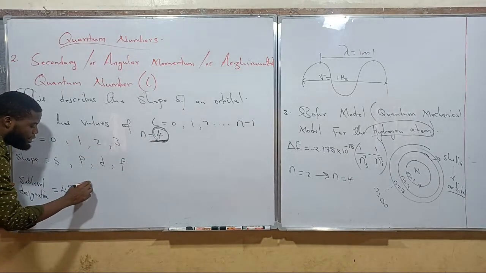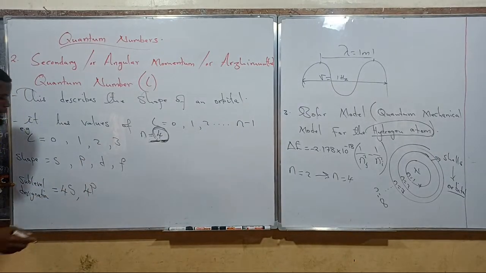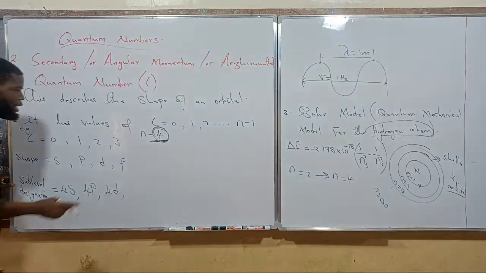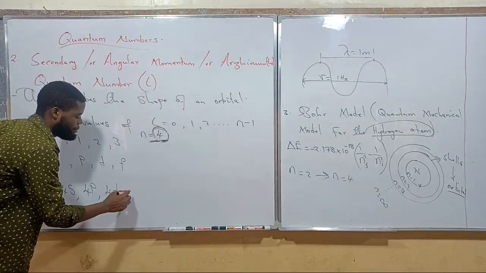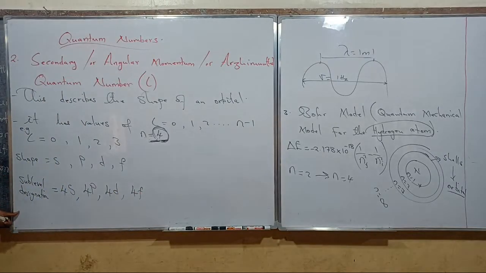Next, you have 4p, then 4d, and then 4f. So this becomes our sublevel designation. Let me give you an example.